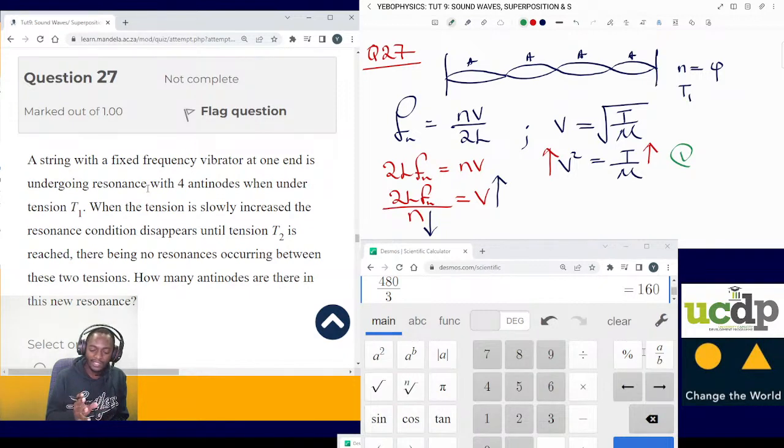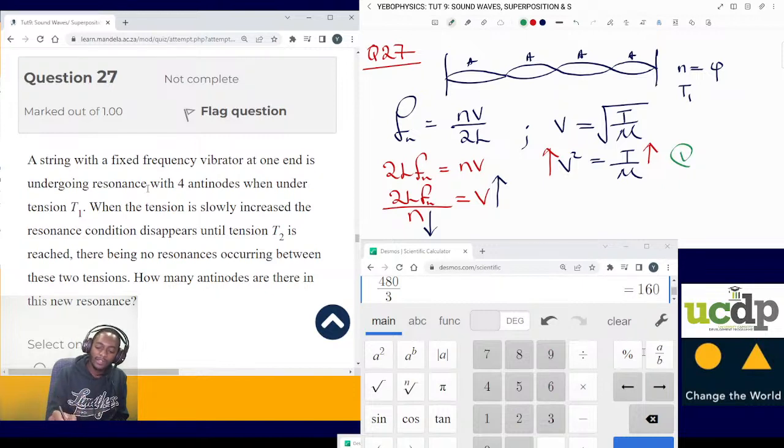So as we increase the tension, we are also increasing the speed of the string, and by increasing the speed, we thereby reduce the number of antinodes.